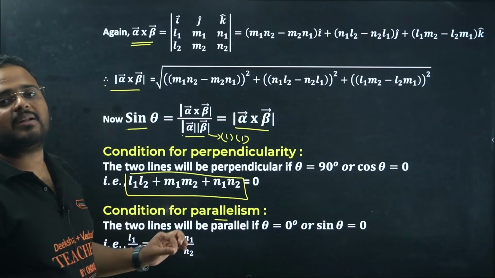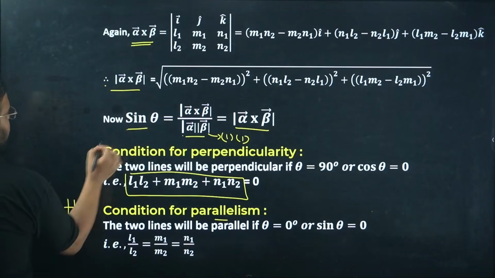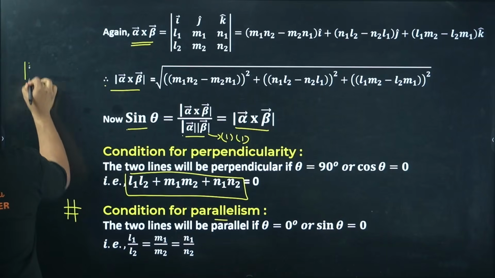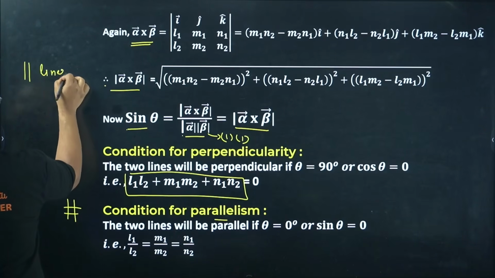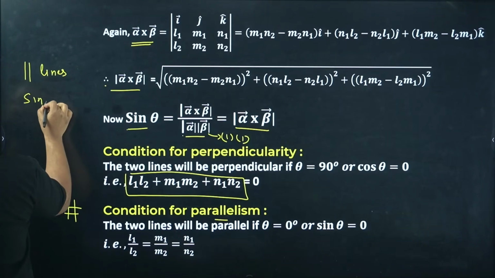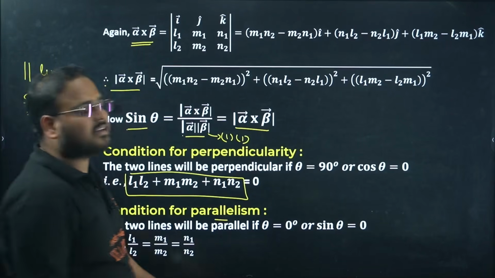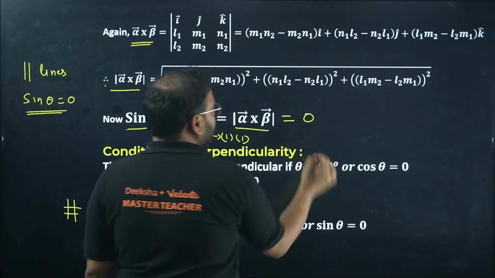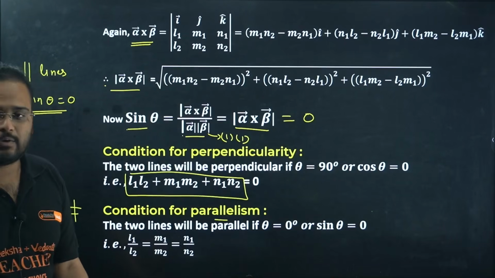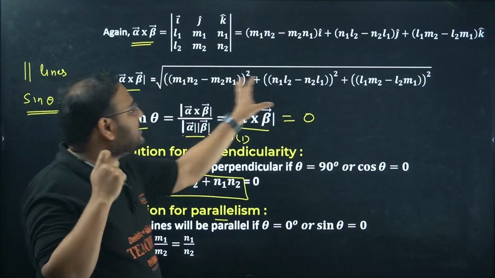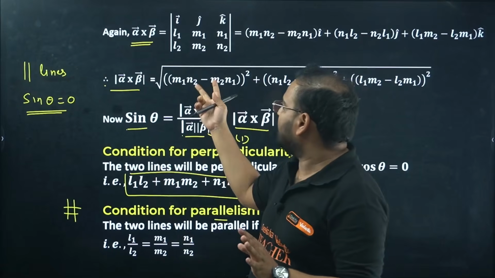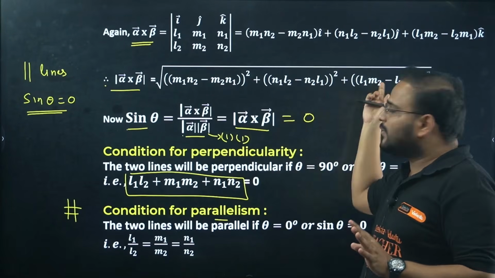What happens in the case of parallel lines? For parallel lines, sin theta will be 0. Sin theta is 0 basically means that A cross B is 0. Mod of A cross B is 0. Think about it. This will be 0 when each individual positive value is 0.